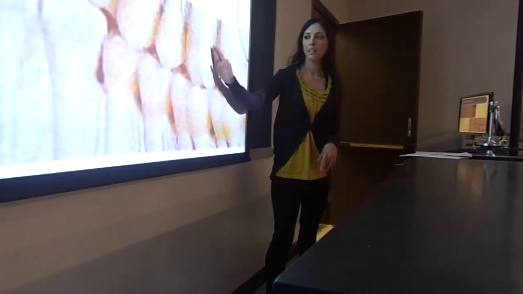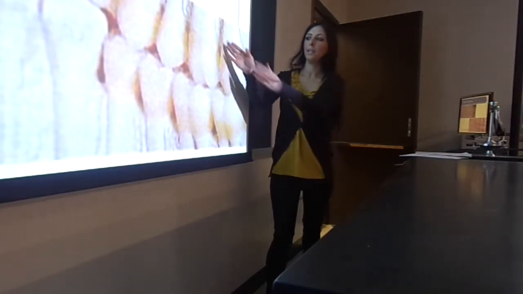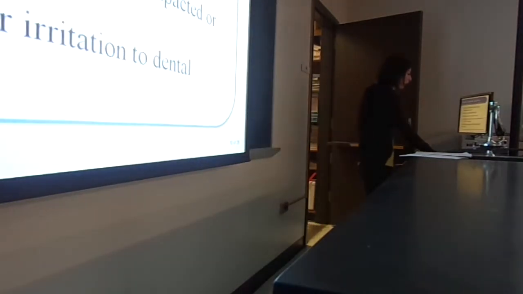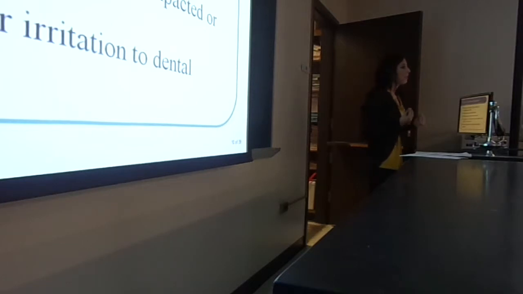There's no spaces. Each neighboring tooth is next to each other. Now, say there was a big space here, or a big space between the teeth. When food gets stuck in between, does anyone know what that's called? Impacted. Food gets impacted in between the teeth.